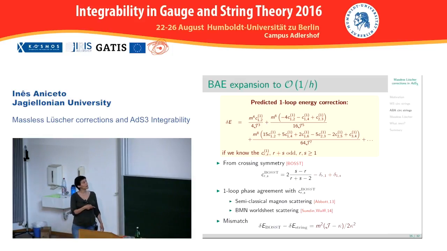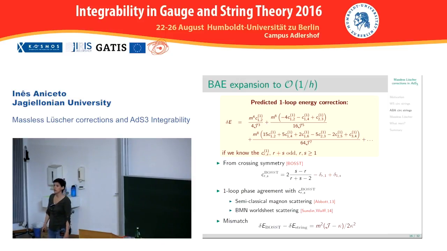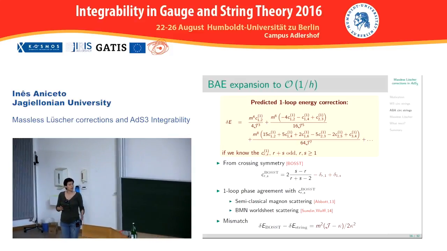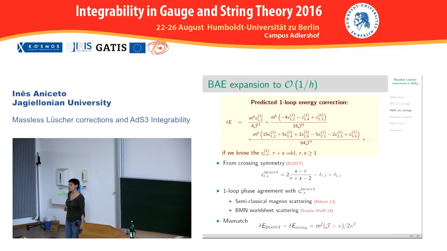So now what happens in ADS3 cross S3 cross T4? In ADS3 cross S3 cross T4, you can calculate these coefficients. Let's not talk right away about comparing it to the Worldsheet. There are several ways of calculating these coefficients, and it was calculated either by crossing symmetry or by the semi-classical Magnon scattering.